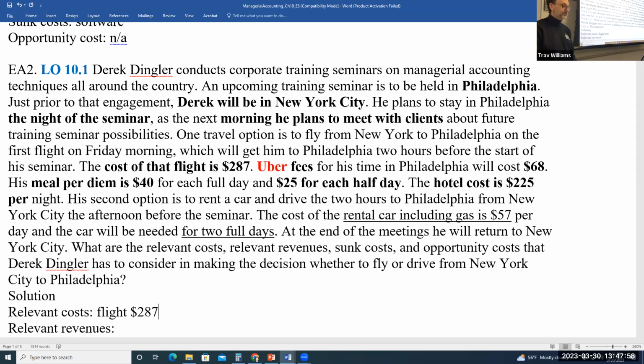Oops, 287. The Uber fees, are those going to be relevant? Obviously, if he rents a car, he doesn't have to take Uber because he's got the rental car. So yes, if he flies, he has the Uber fees. If he drives, he doesn't. So it is a relevant cost.